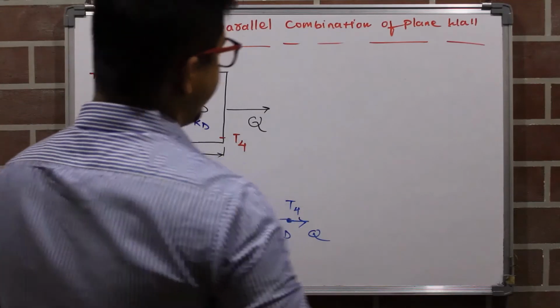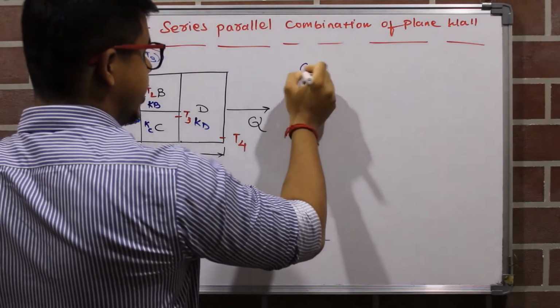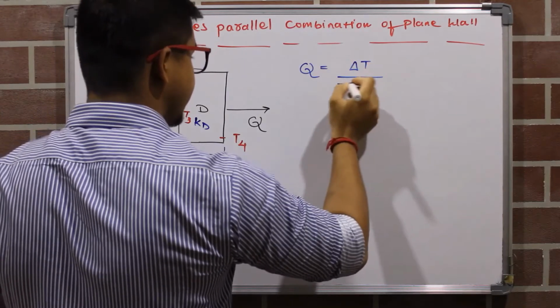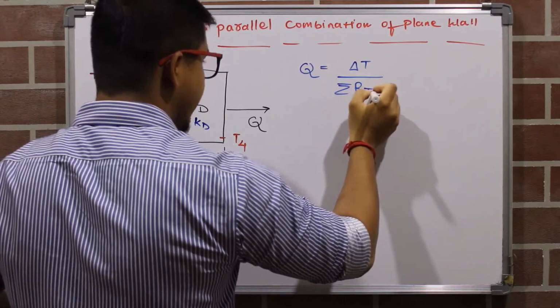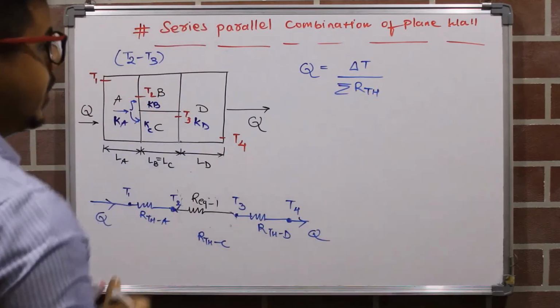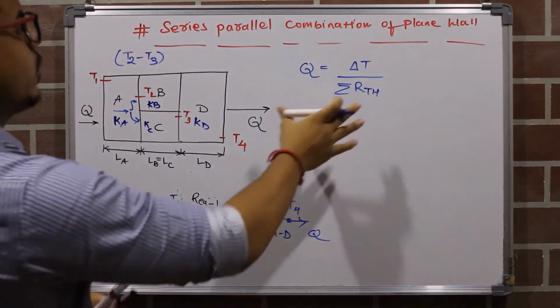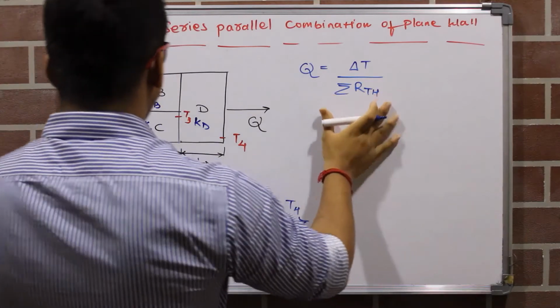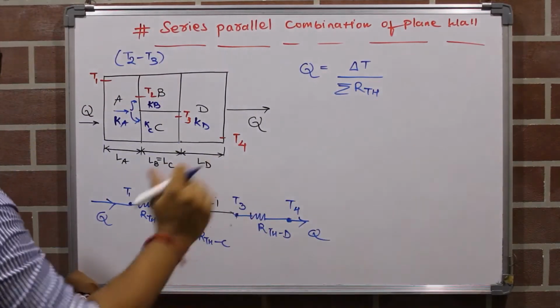Now I hope you remember that our formula, Q is equal to delta T divided by summation of RTH, we had derived in the previous video. If you had not seen that video, I suggest you see that video first and then you will understand how we will solve this.